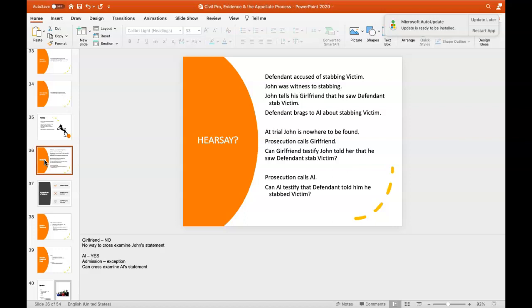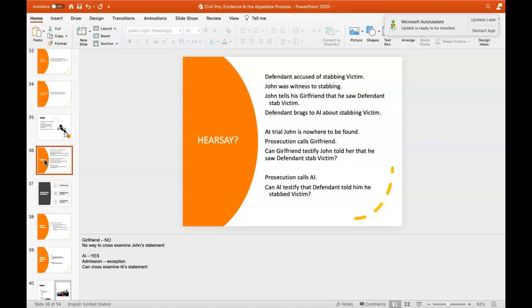Defendant, in this case, admitted to Al that he committed a crime. The defendant admitted that he stabbed the victim. Even though this statement is hearsay, it is secondhand information, and the defendant is not available to testify. The defendant was probably telling the truth, so the law allows it.